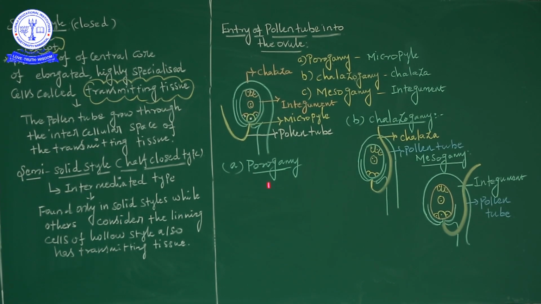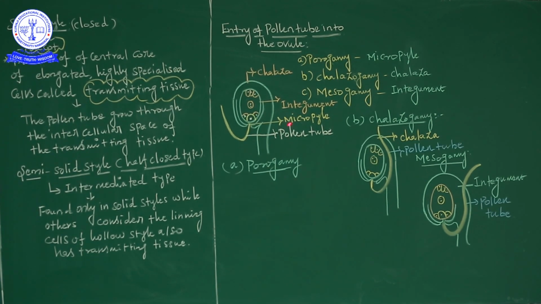Okay, first one, porogamy. Porogamy relates to the structure called the embryo sac. In the micropyle region, the egg cell is present, along with the synergids, the secondary nucleus, and also the antipodal cells. Okay, chalazal, integument, and micropyle are the routes of the pollen tube.